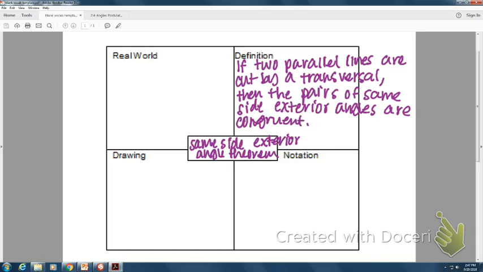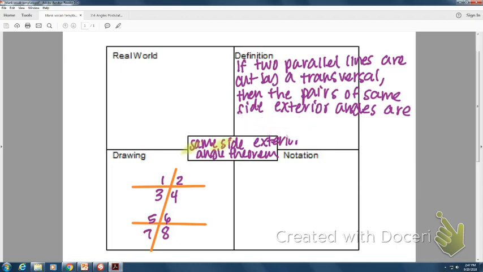Okay, let's draw our lines. Oops, those aren't very parallel. Okay, so again, same side, supplementary. Oh, that's why.